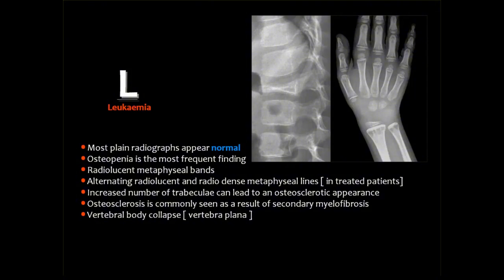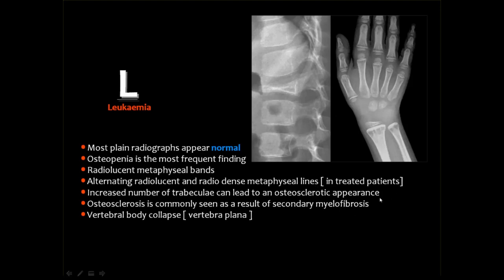Then, what is the role of imaging? The role of imaging is to look for other manifestations of the disease that I will mention and to look for the complications. Then, in most of the cases, we do not diagnose leukemia from the radiographs.